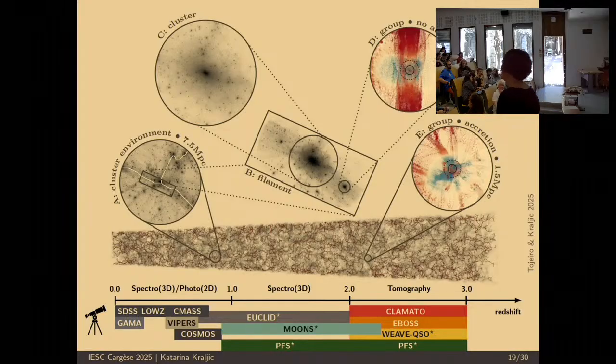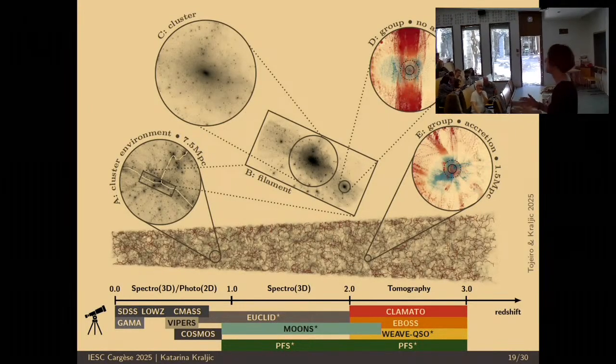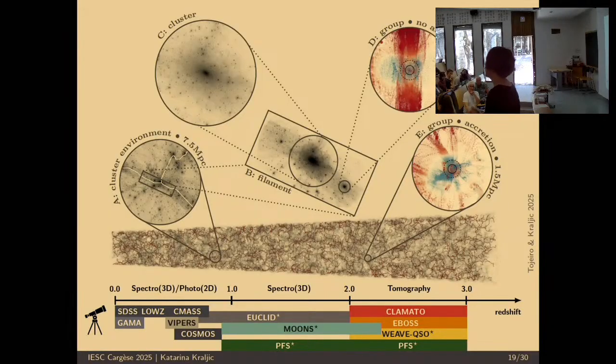I mean, you don't resolve the small scale physics, you don't resolve the regions of star formation, but still, that's what we have in a sort of statistical sample.